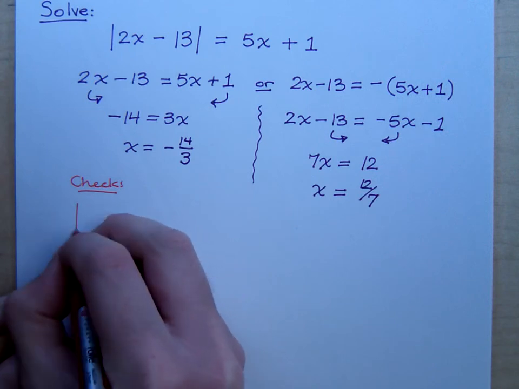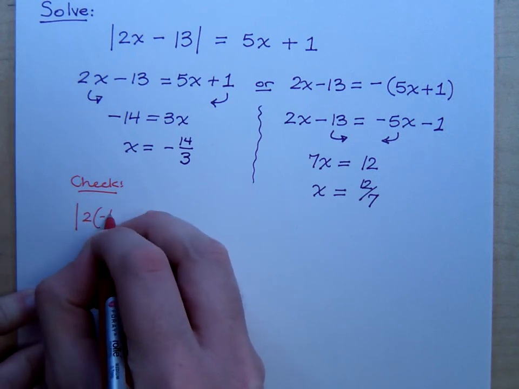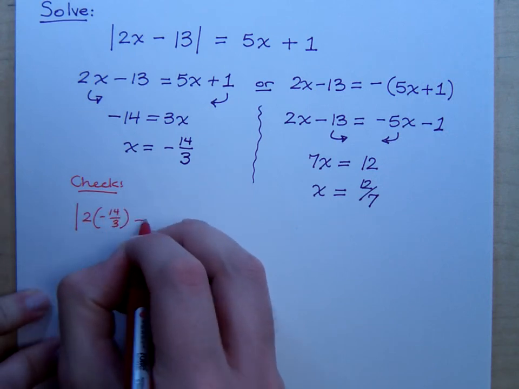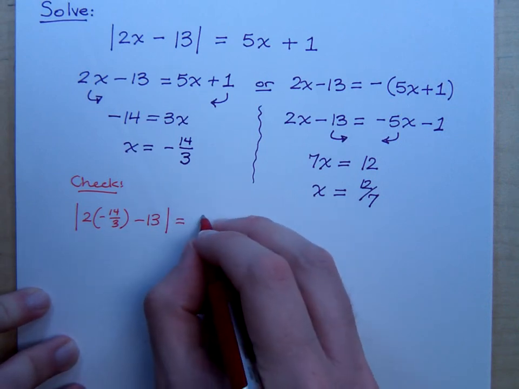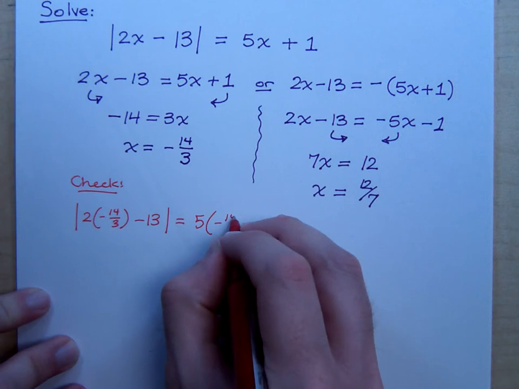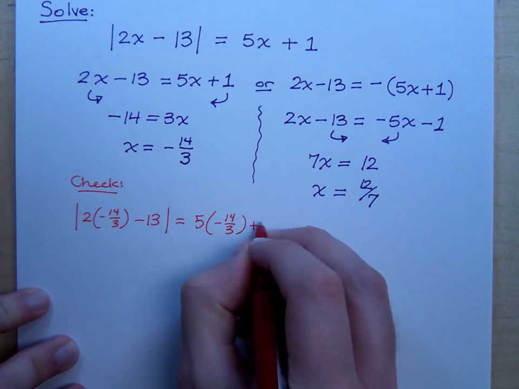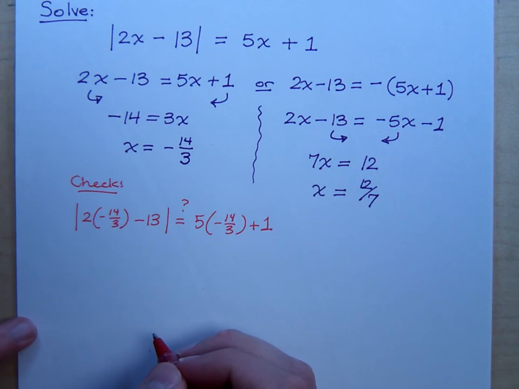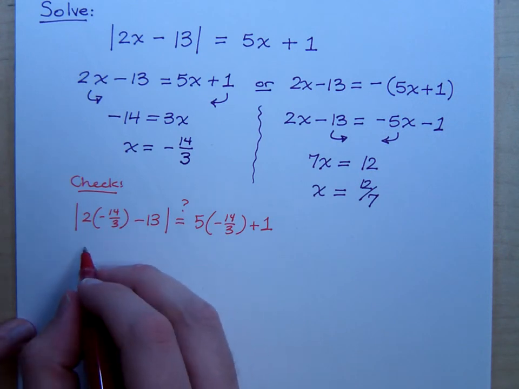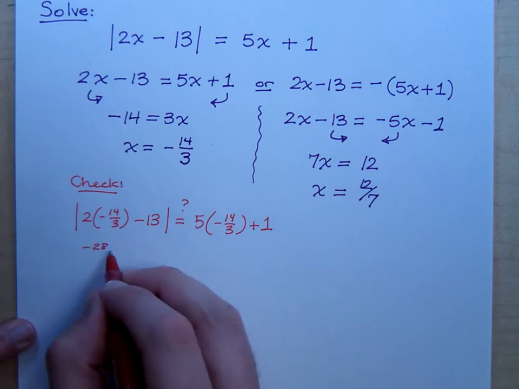So if I'm doing the absolute value of 2 times -14/3 minus 13, we have to see, are these guys equal? So here I'm going to get -28 over 3.